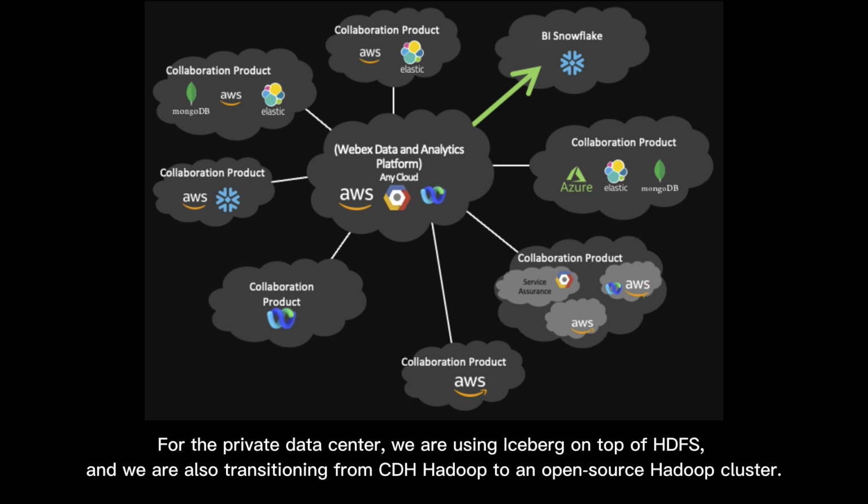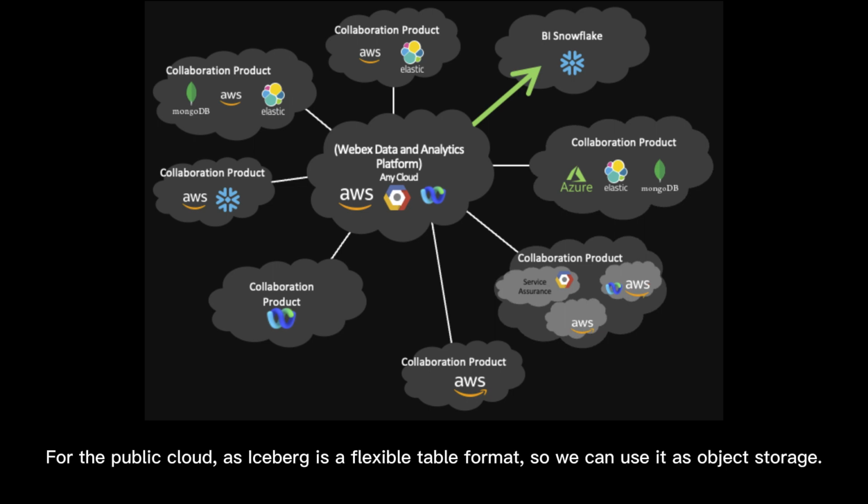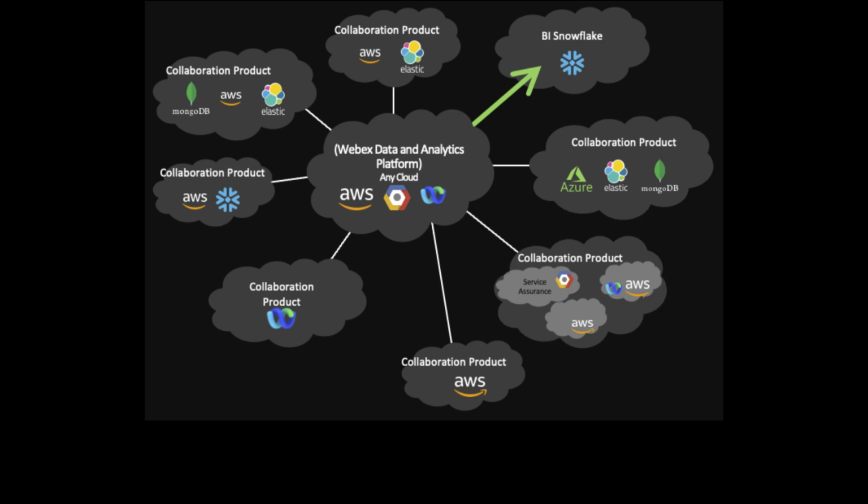For the private data center, we are using Iceberg on top of HDFS. And we are also transitioning from CDH Hadoop to an open source Hadoop cluster. For the public cloud, as Iceberg is a flexible table format, we can use it on object storage.